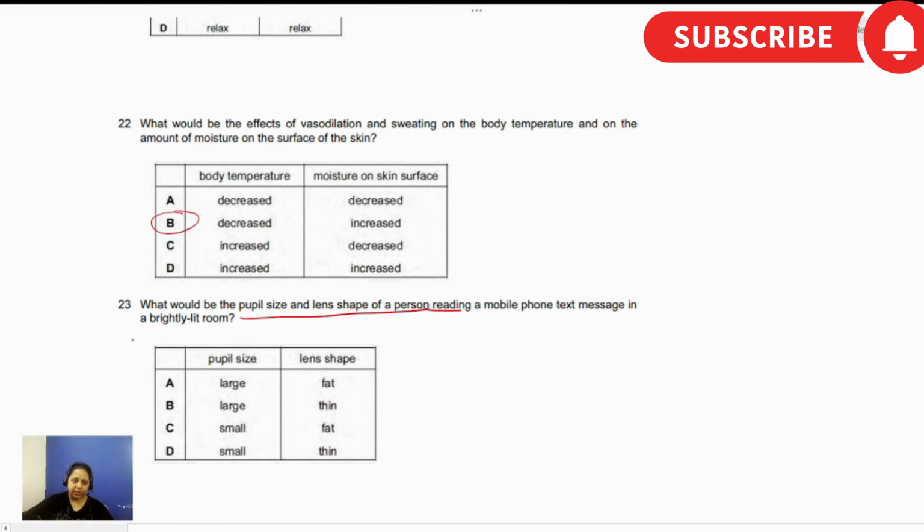There is bright light. Pupil small, yes. And the lens shape is thicker. When you're observing a thing from really close, it's thicker. When far, as we have discussed earlier, the lens becomes thin. So it's C.